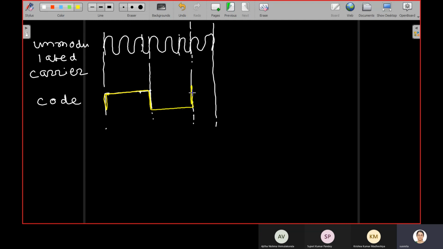Okay. So let's say this is code. Next we'll draw carrier. Next will be navigation data.